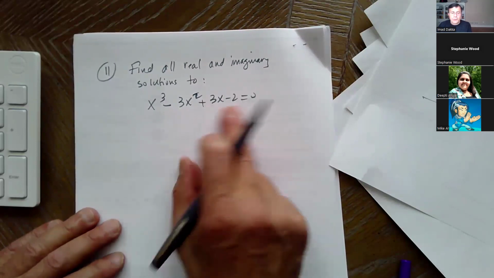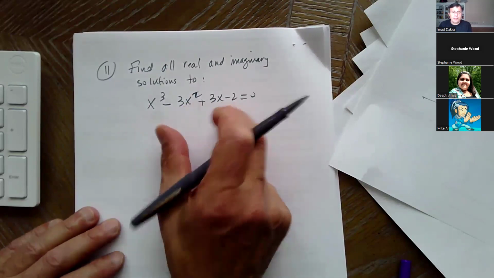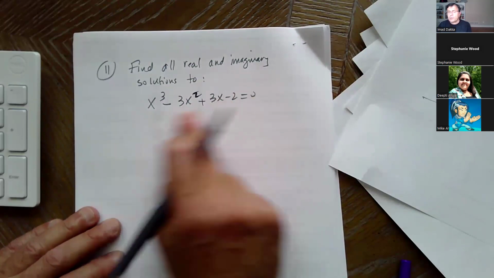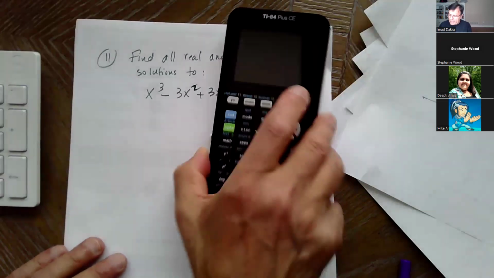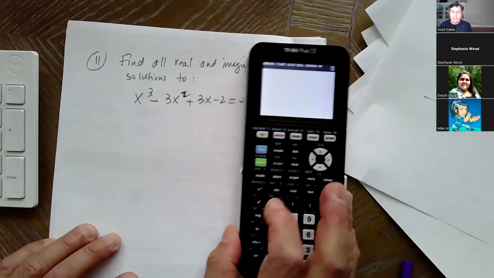Well, if I could do grouping and it would factor, I would, but that's not going to work. So the easiest thing I would do using the rational zero theorem is I can do p over q and all that. With the calculator, it makes my life a lot easier.